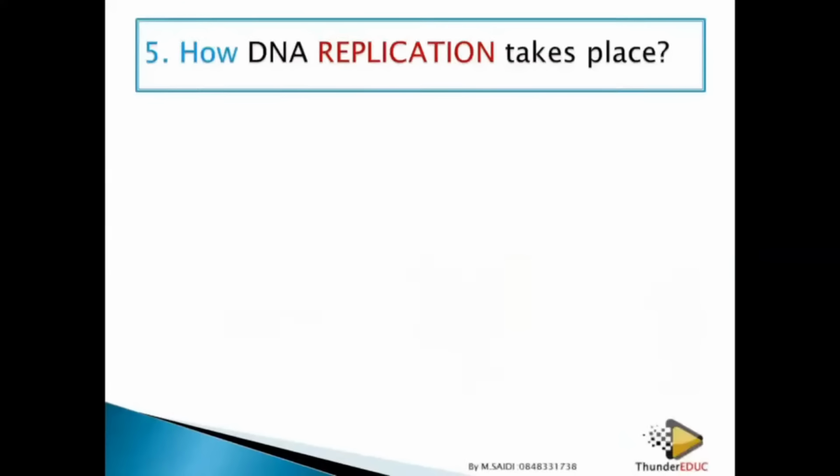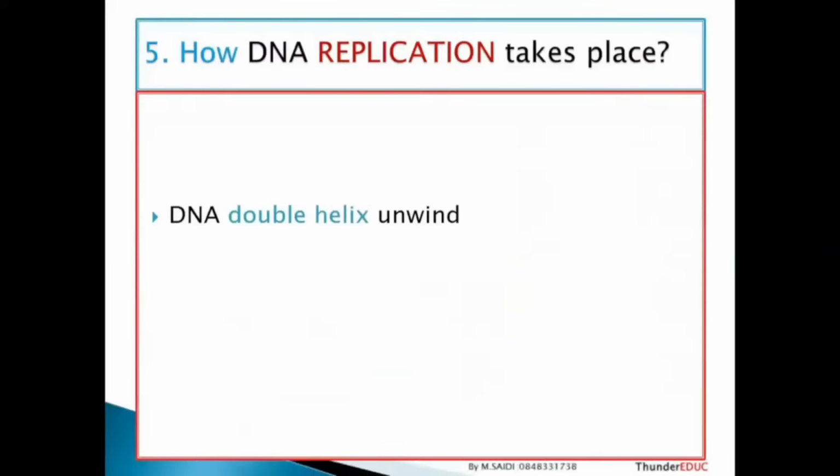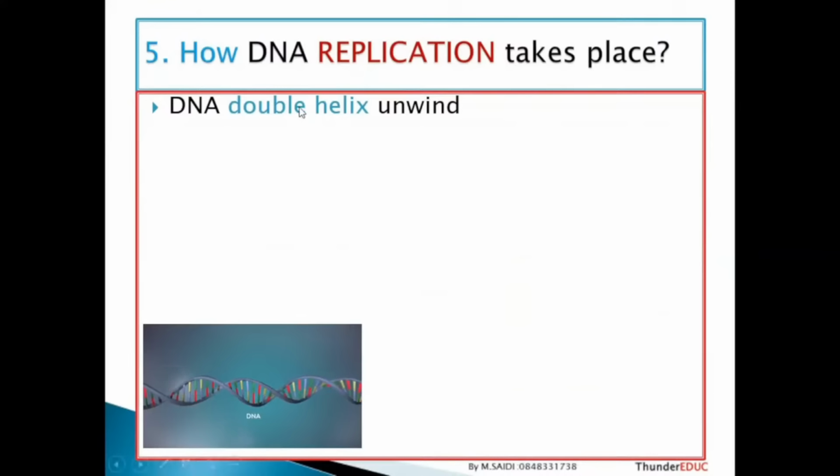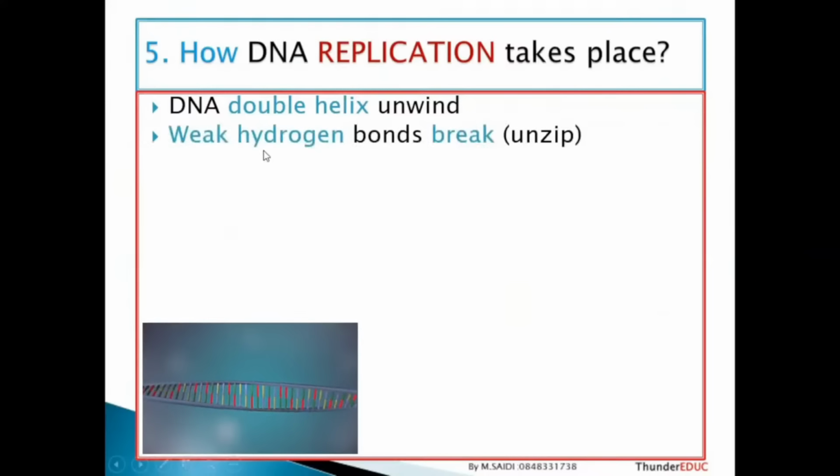So let's look at it. When we are writing, each different color means a marking point, so you should not forget about it. DNA double helix, we give you a tick. Unwind, yes. Weak hydrogen bonds break, we give you a tick.